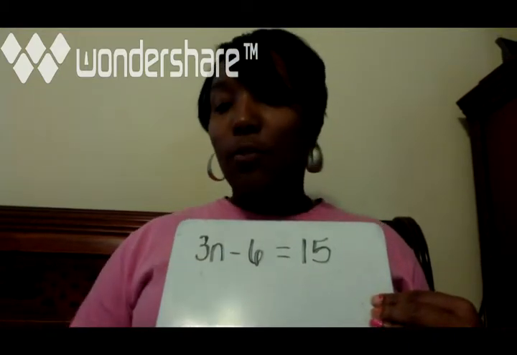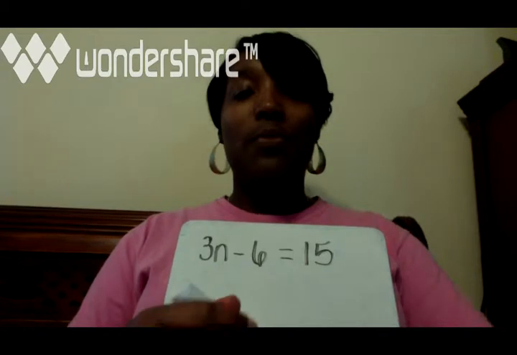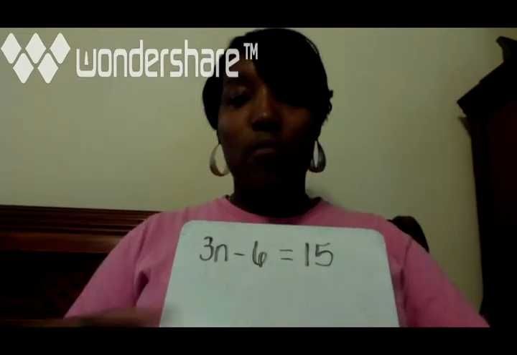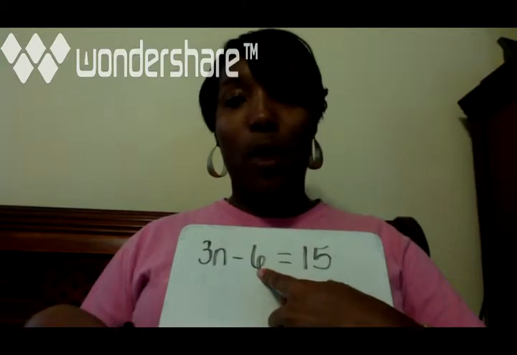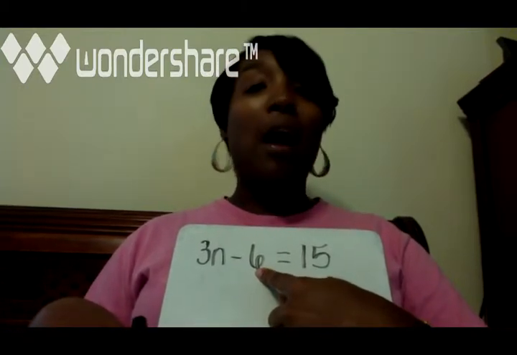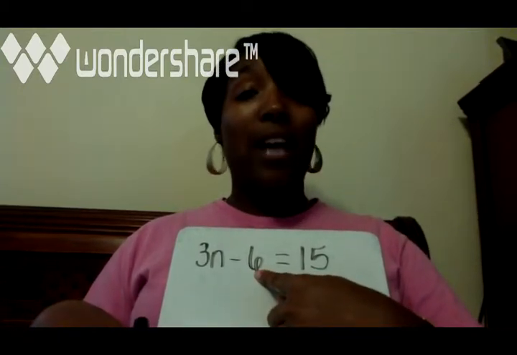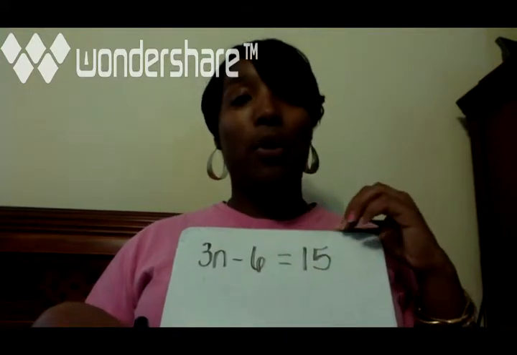So the first thing that we would need to do is move this negative 6 out of the way. The opposite of that would be to add 6 to both sides. Remember, what you do to one side, you must do to the other.